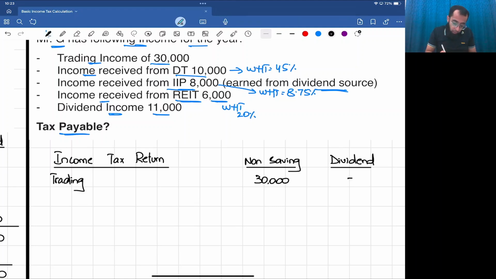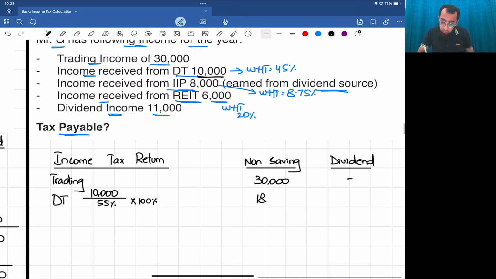Okay, then you have discretionary trust 10,000. 45% is withheld. So divided by 55% multiplied by 100%. So you gross it up. 10,000 divided by 55 multiplied by 100. So it's 18182. That goes in the non-saving income.